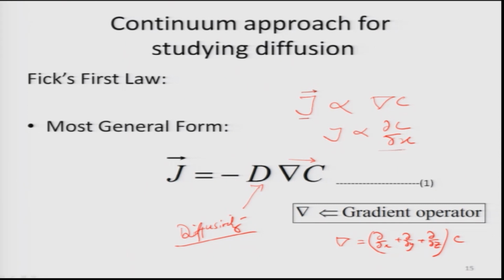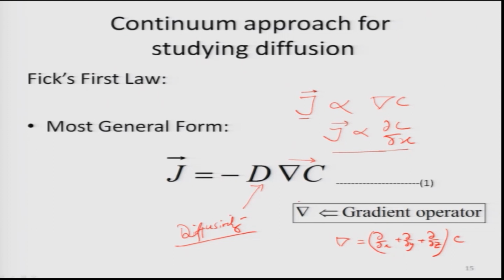In one dimension we can write J is proportional to ∂C/∂x. In 3D this is obviously the gradient ∇C. Now, the proportionality constant is known as diffusivity or the diffusion coefficient. So, ∇C is a gradient, obviously that means ∇ is a gradient operator.